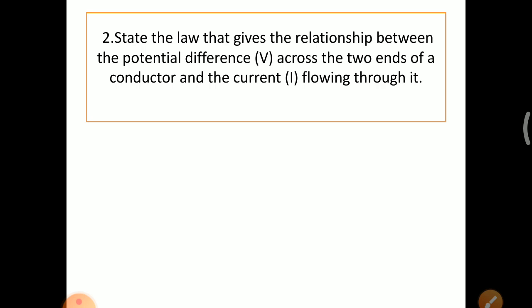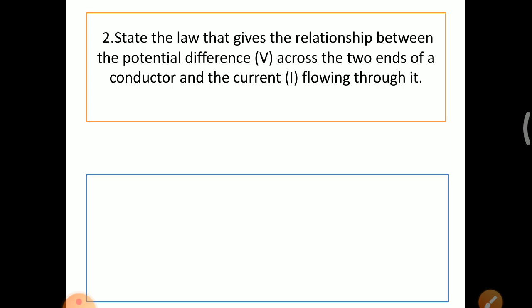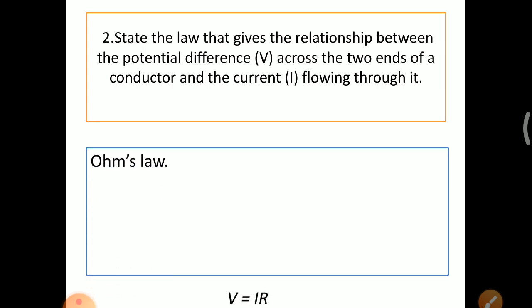We very well know about Ohm's law. Ohm's law only gives the relationship between the potential difference V and I. So the answer is Ohm's law, V equal to IR. Here you see that the potential difference and current I are present in this equation. So this is the relationship between potential difference and current.